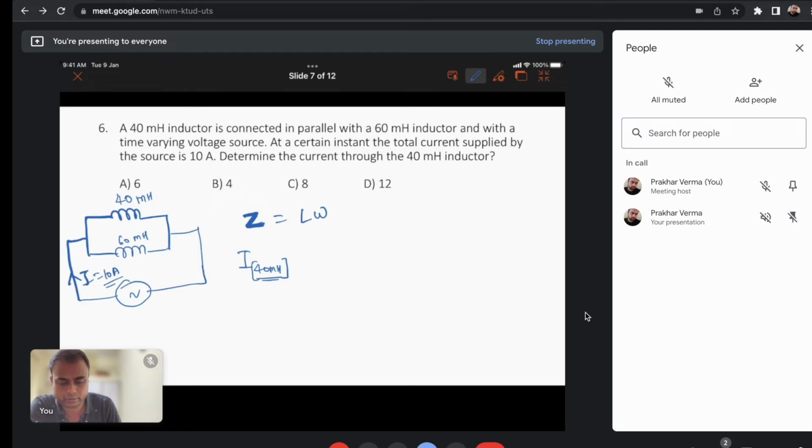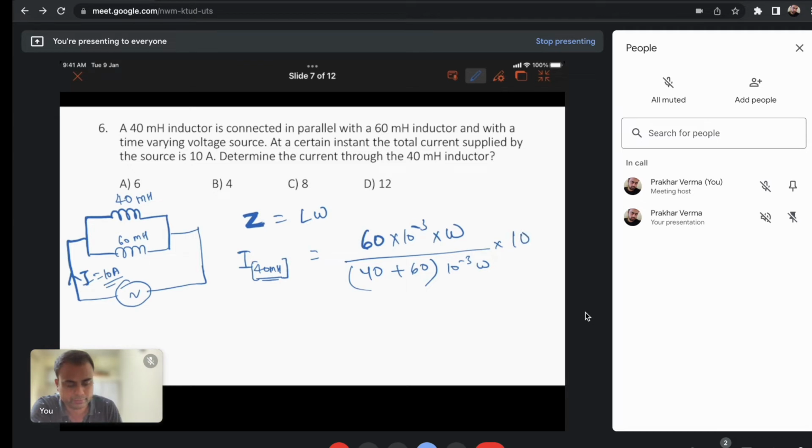So this is the current through the 40 millihenry. We can write this as 60 times 10 to the power minus 3 henry times omega, divided by, similarly, 40 plus 60 times 10 to the power minus 3 omega, into the total current I.